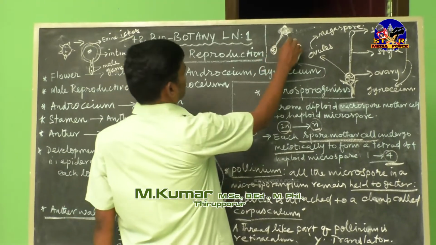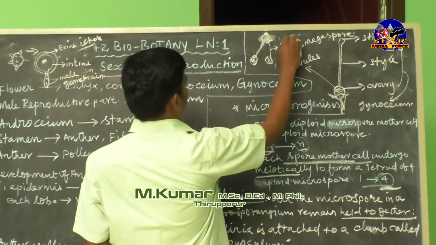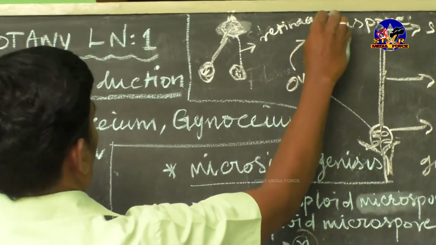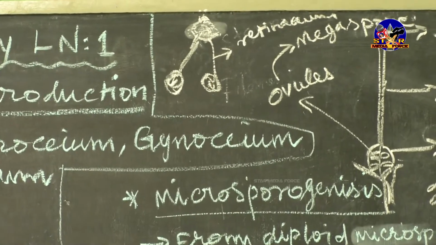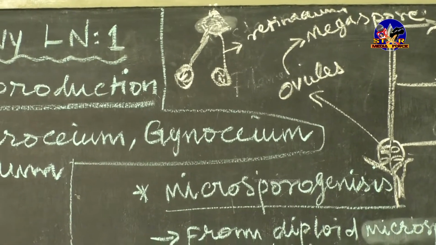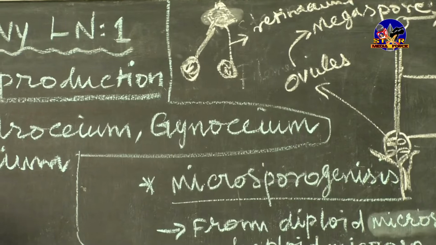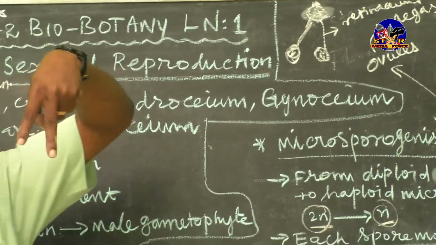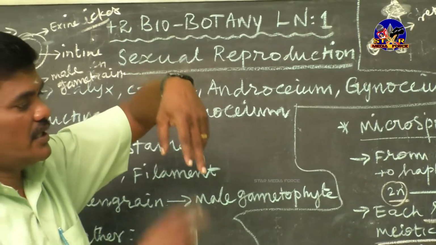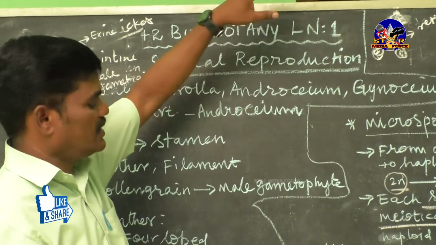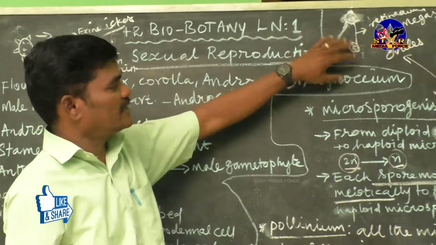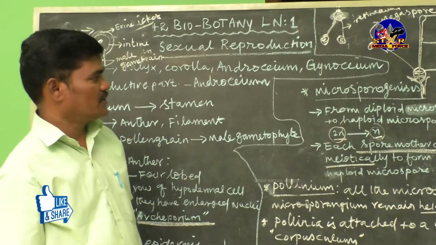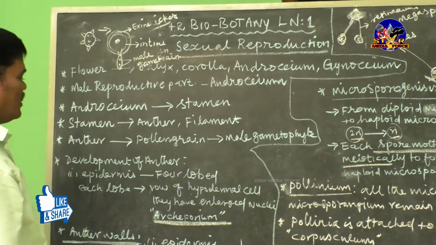The total structure is a Y-shaped structure. Each pollinium is attached together. On the upper side the clamp is there. This is called a translator. These terms must be kept in your mind.